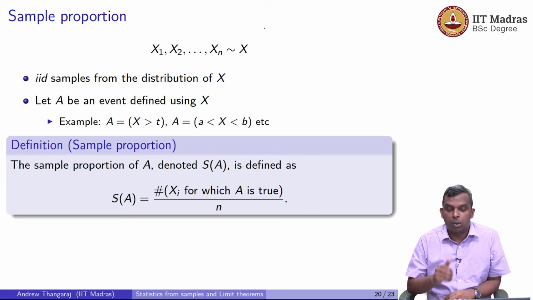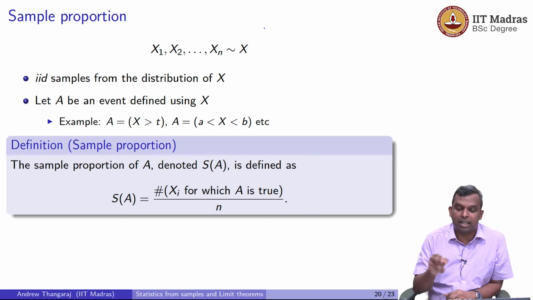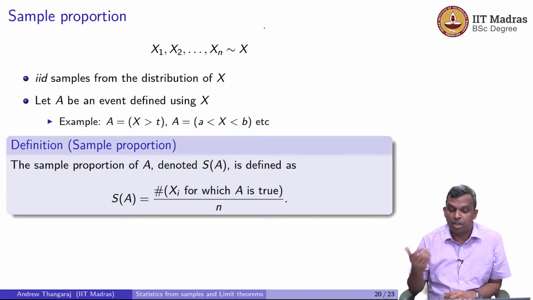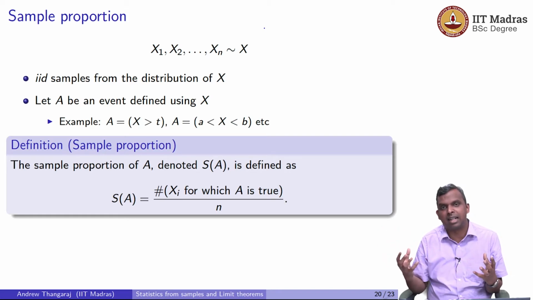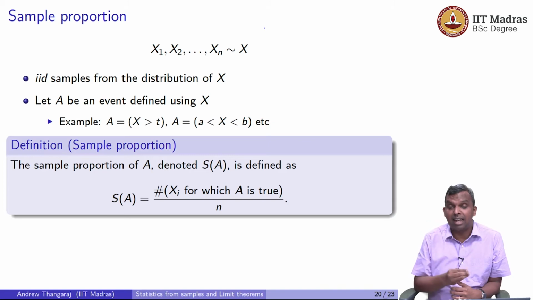Remember, X1, X2 to Xn are distributed according to X. What do I mean by A being true? As in A has occurred, right? The event A is a subset of the values that X can take in some sense. So the value taken by Xi is inside A.